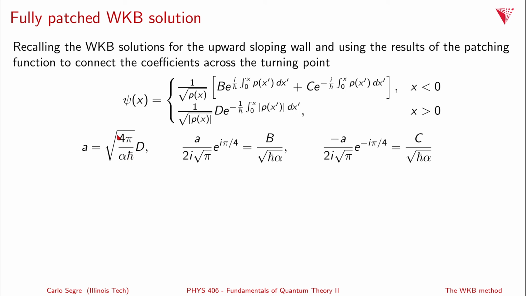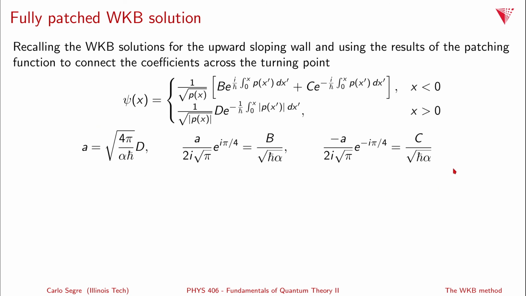We get a is equal to square root of 4 pi over alpha h bar times capital D. Then we have a over 2i times the square root of pi e to the i pi over 4 is equal to b over square root of h bar alpha. And similarly for c, we have minus a over 2i square root of pi e to the minus i pi over 4 equals c over square root of h bar alpha.